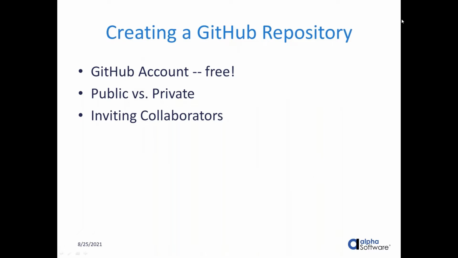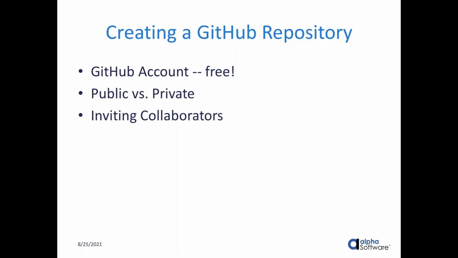If you want to create a GitHub repository, and I'm going to say GitHub repository because of how their UI on their website is laid out. It's really a Git repository, but we'll call it GitHub repository. You have to go to GitHub's website and create an account, and it's free. When you make a repository, there are two types of repositories you can create with GitHub.